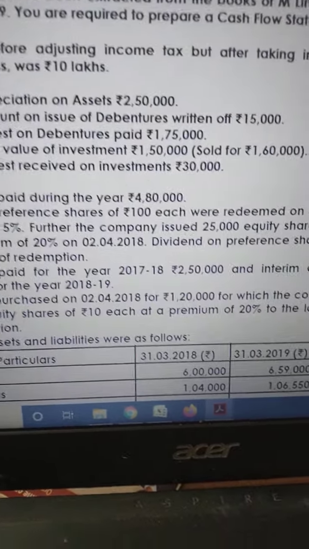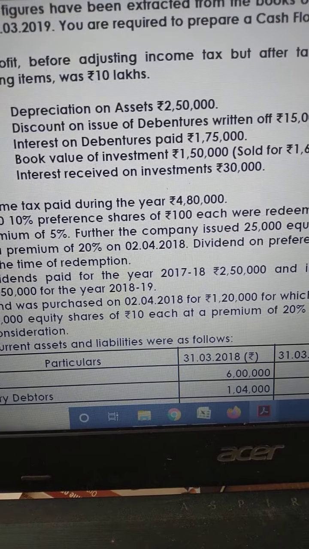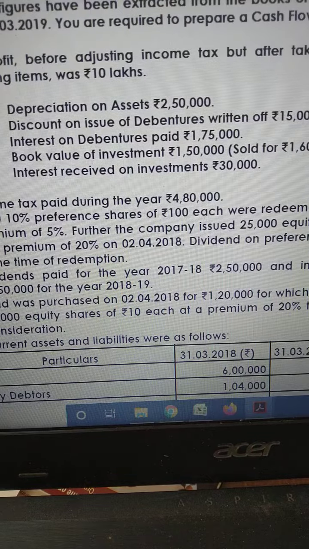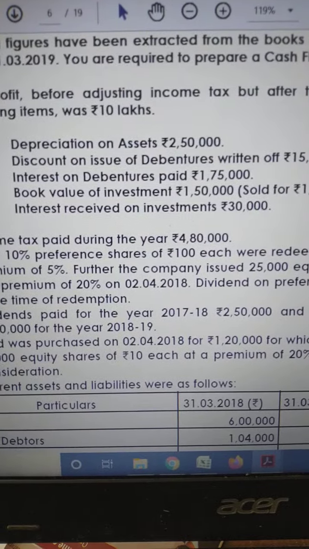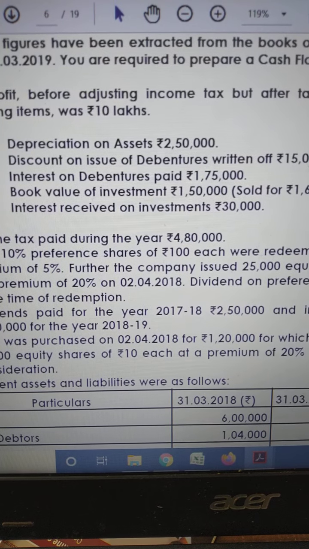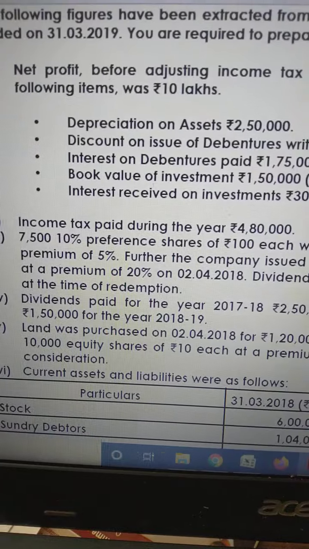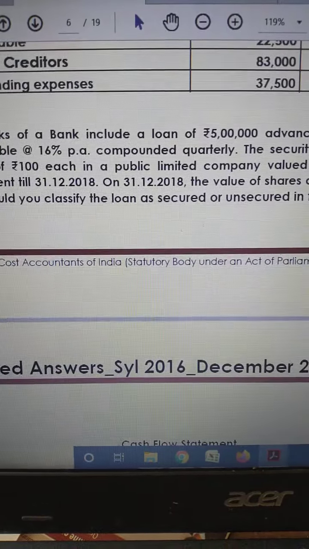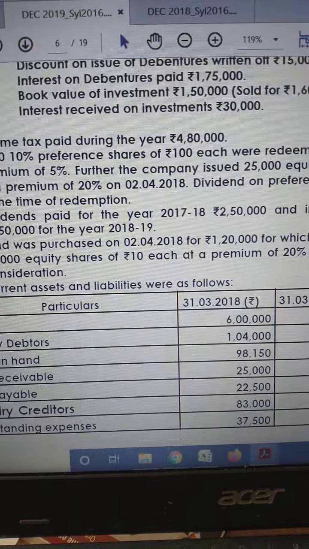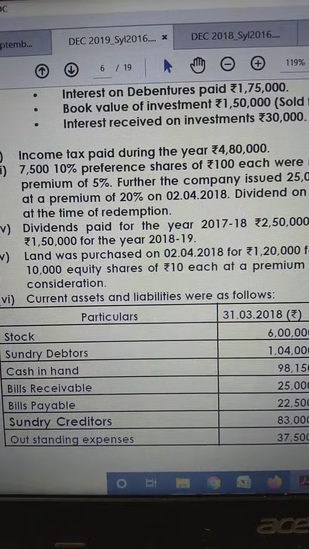So 15,000 is also a non-cash expense debited in the P&L account. We have to consider it a non-cash expense. Then what about the next one? Interest on debentures paid. Interest expenses, how much? Interest expenses 1,75,000. We have to go through the question fully, because here they have given interest on debentures.